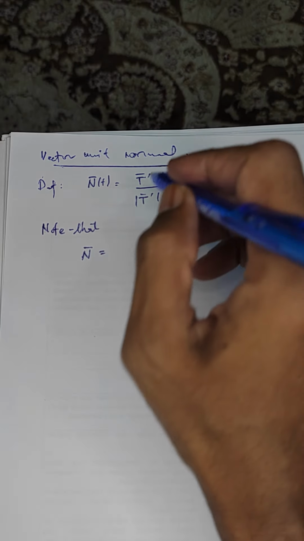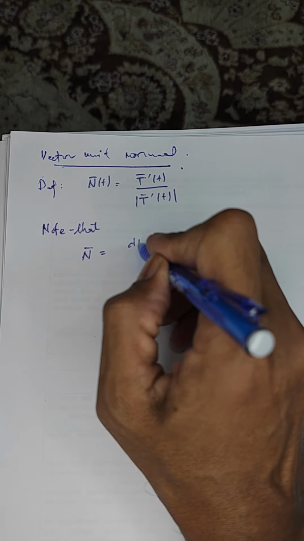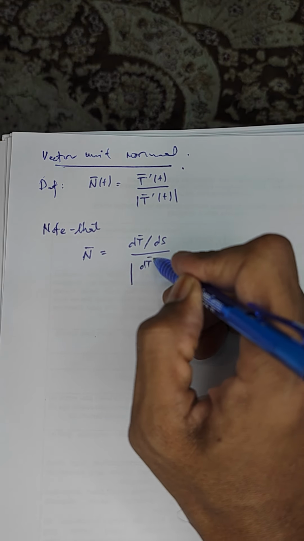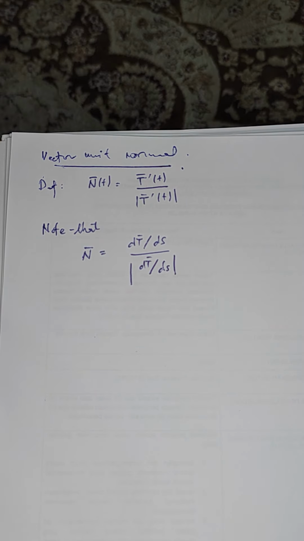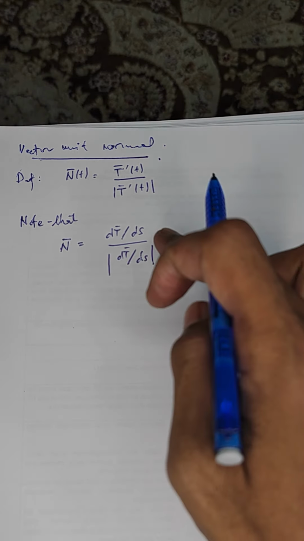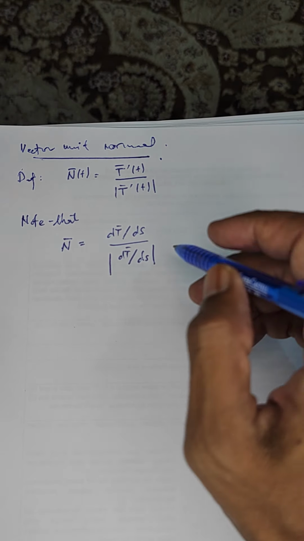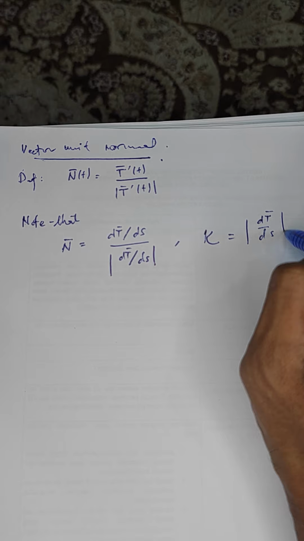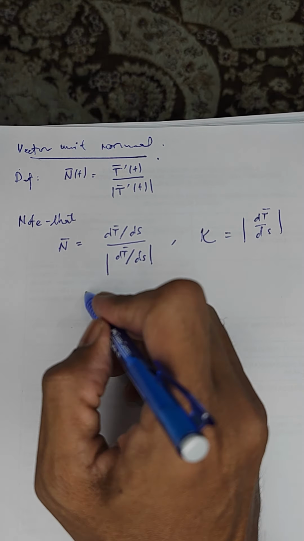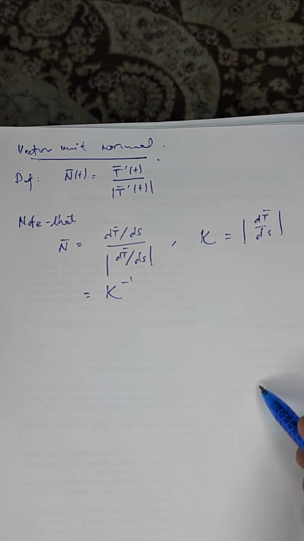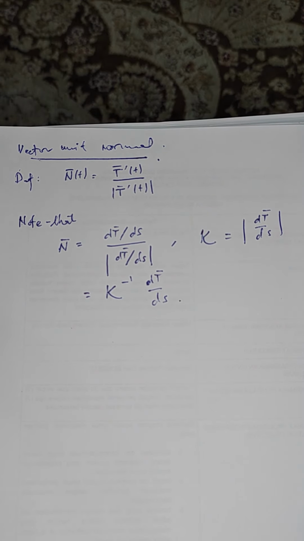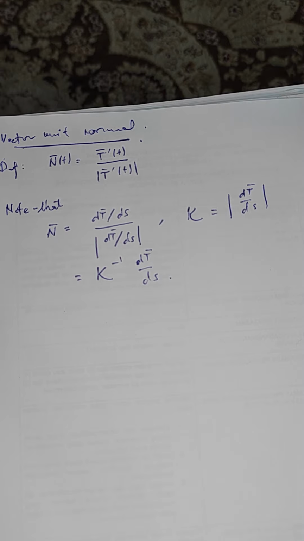I can write T prime as dT/ds, because this is dT/dt, so we can write this as dT/ds over the magnitude of dT/ds. Then, since we define kappa as the magnitude of dT/ds, what we have from there is that this is equal to the inverse of kappa times dT/ds. Okay, just a note there.